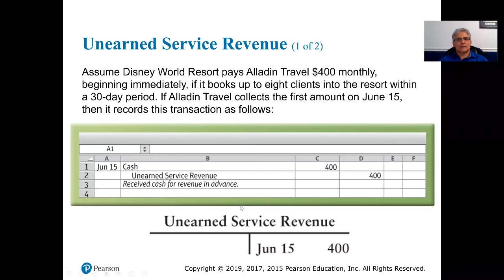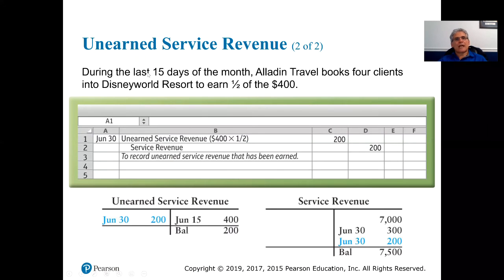However, let's take a look at what has happened. During the last 15 days of the month, Aladdin Travel booked 4 clients at the Disney World Resort to earn 1/2 of the $400. So we received $400 in advance, right? But now we've earned half of that.